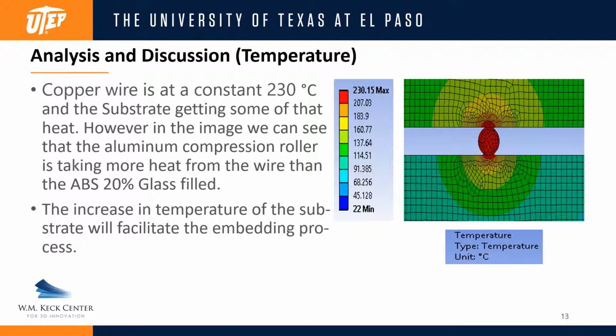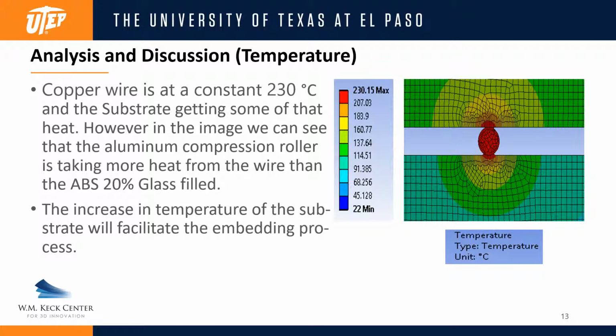Now, after the boundary conditions, the mesh, the contact regions, the geometry, and all that, we have actual results from the simulation. The first one is temperature, taken from the steady state thermal simulation, where we can observe the copper wire being heated at 230 degrees Celsius.